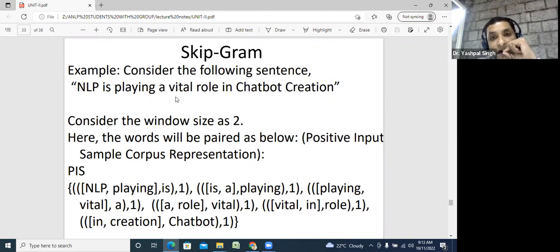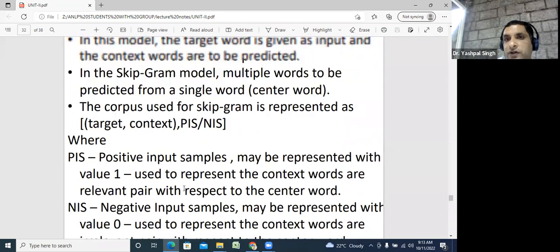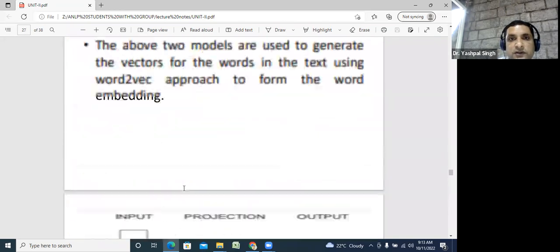NLP is playing, playing a vital role in chatbot creation. We are just putting down the positive inputs, and they will be represented as 1. Same thing we will be doing here.